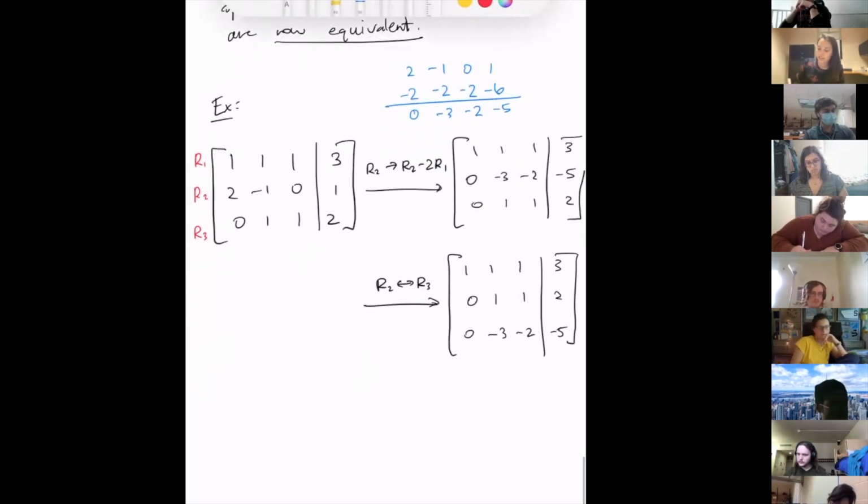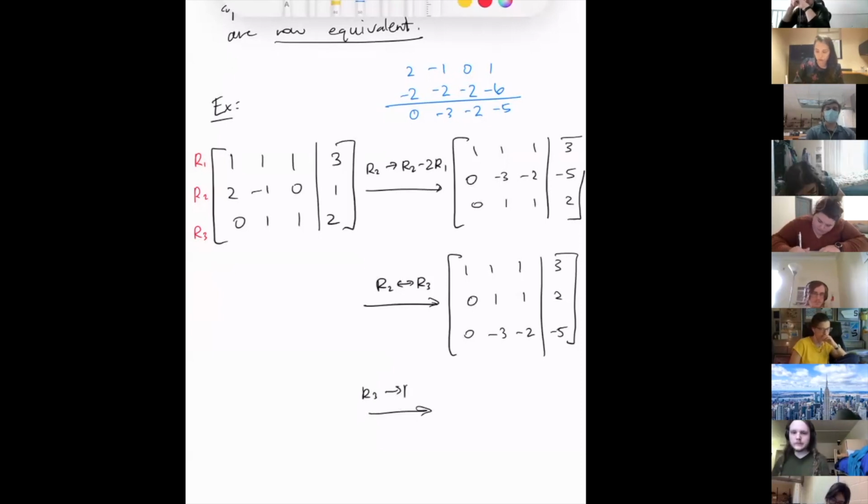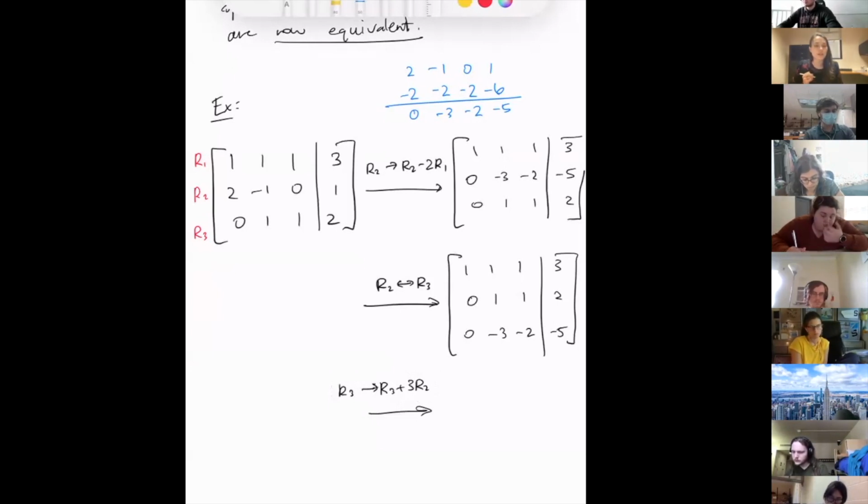And then the last operation I'm going to do is replace row 3 with row 3 plus 3 times row 2. Let's do our work off to the side. Row 3 is this last one here. Like I said, we don't change the labels. So it's 0, minus 3, minus 2, minus 5.